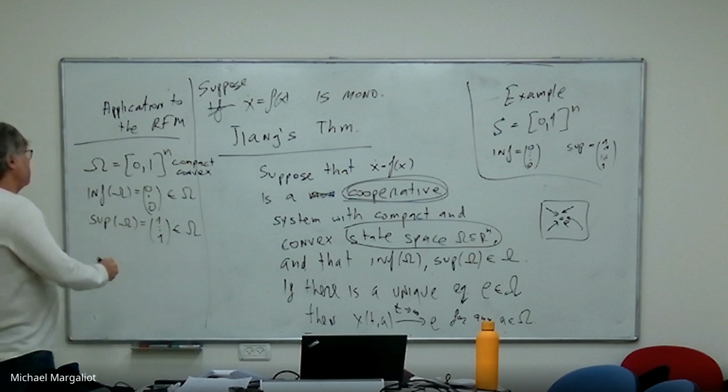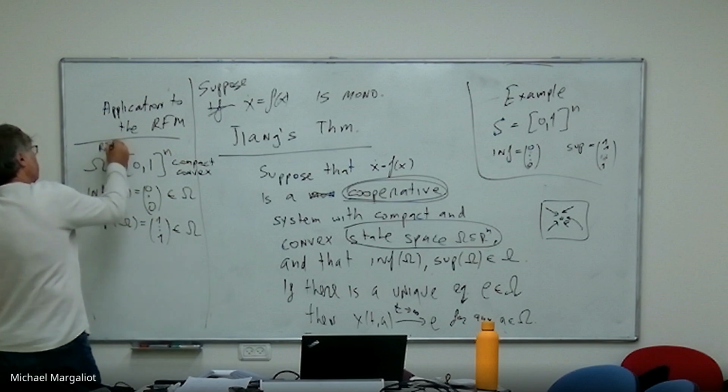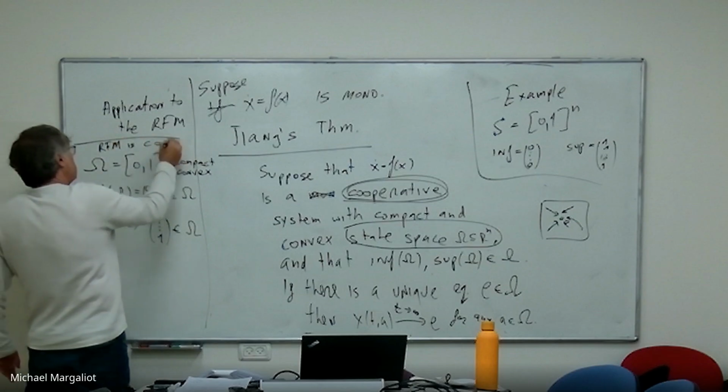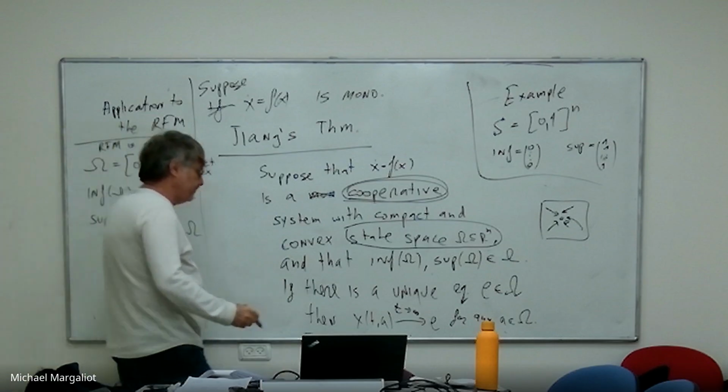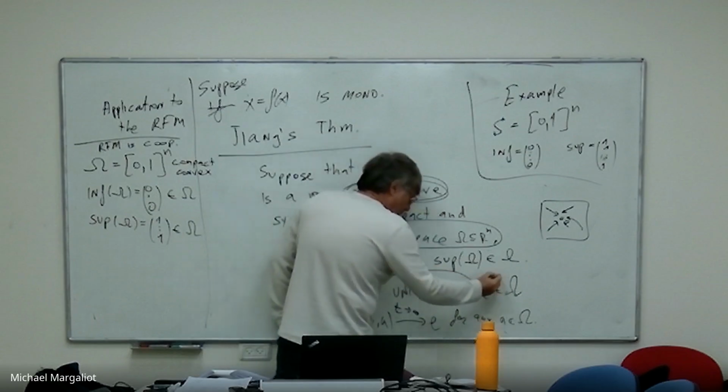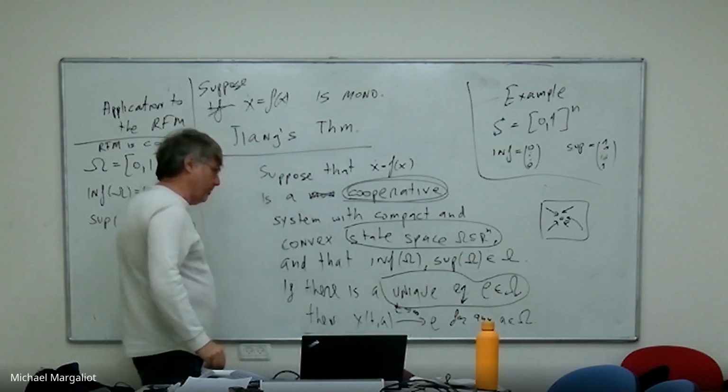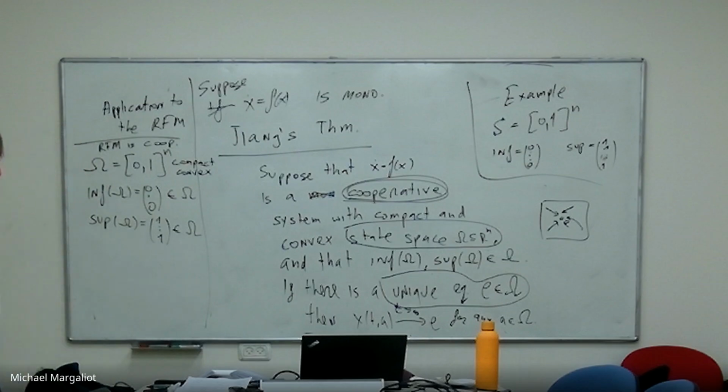And we already saw that the RFM is cooperative. So all we need now is to check if the equilibrium in the RFM is unique or not.